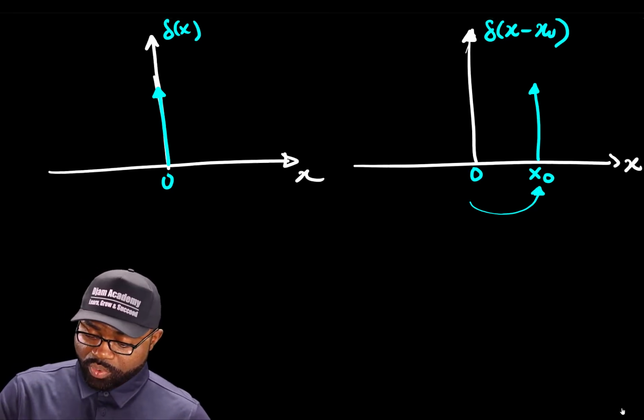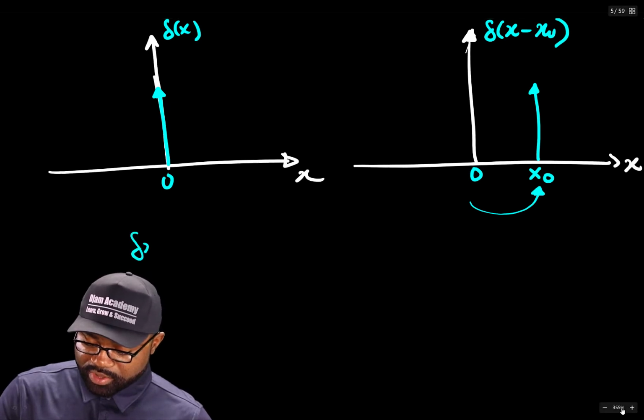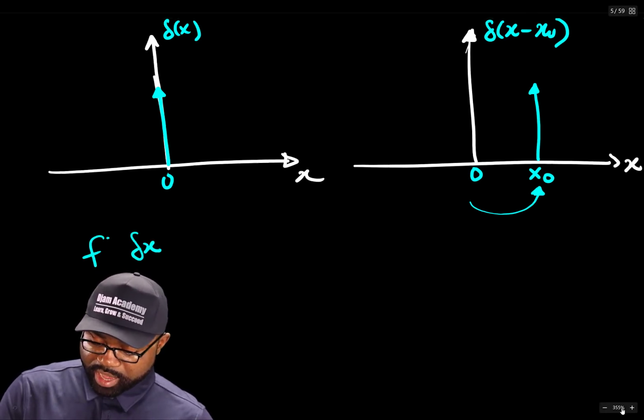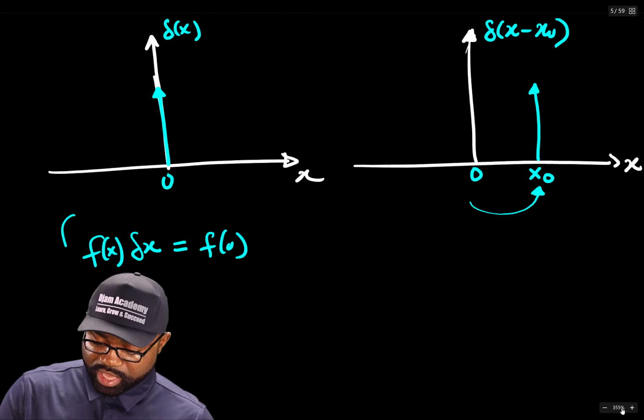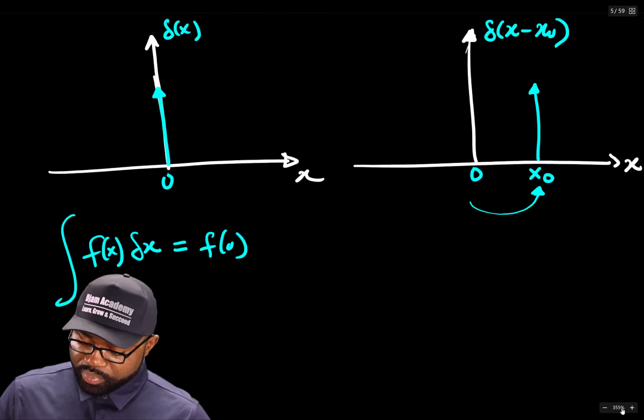And so when you multiply f of x by delta(x), you will get f(0) as long as you integrate this across all points in space.